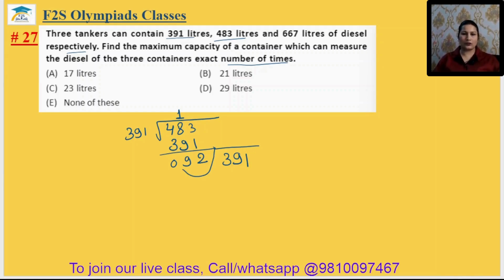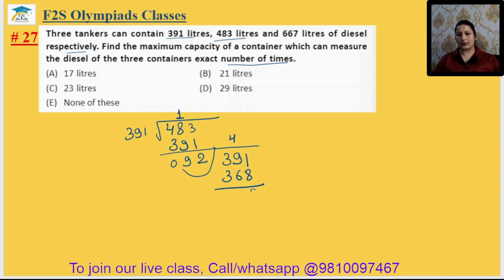And if we check 92 with 4, it will be 368. 92 multiplied by 5, 460, that is more. Okay, so 368, we will go with 4 times. 368. Okay, because 92 4s are 368.